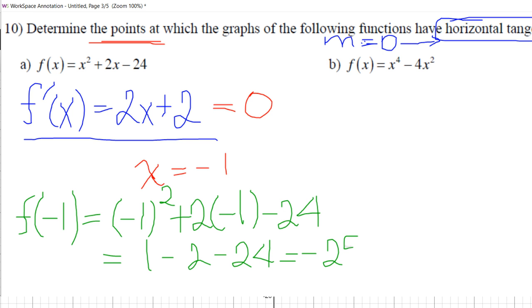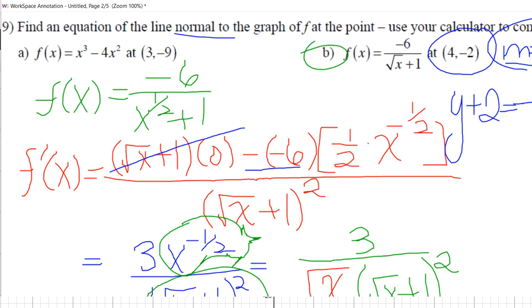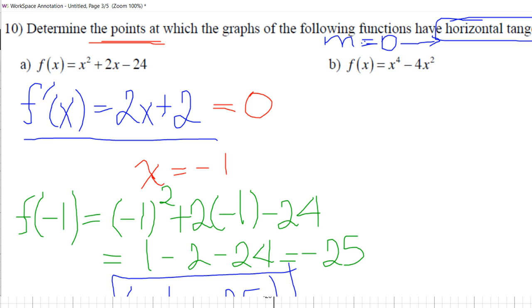So at x equals -1 and y equals -25, we know that we'll have a horizontal tangent line. Now let's organize our thoughts. This time we weren't finding the slope because we already had the slope. We wanted to figure out where that happened. On prior problems, they gave us where it happened, and they wanted to find the slope at that point. Do we see the difference between these two?